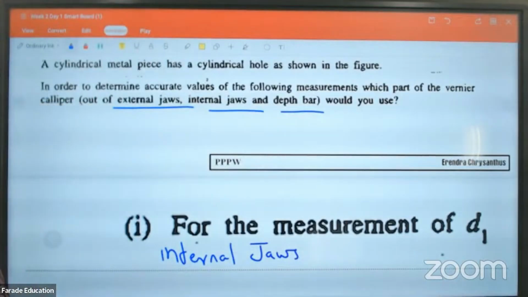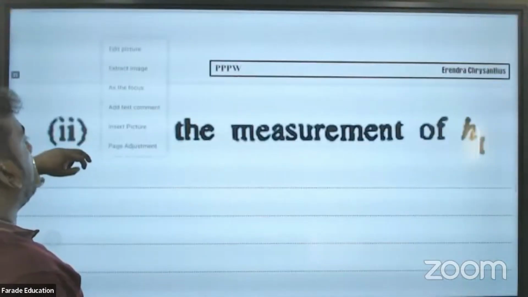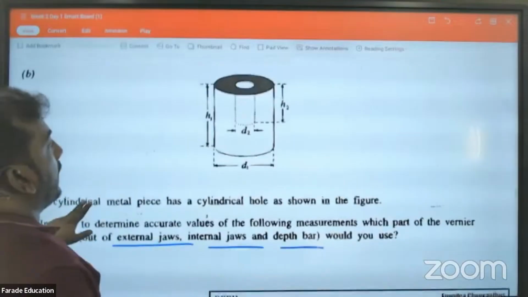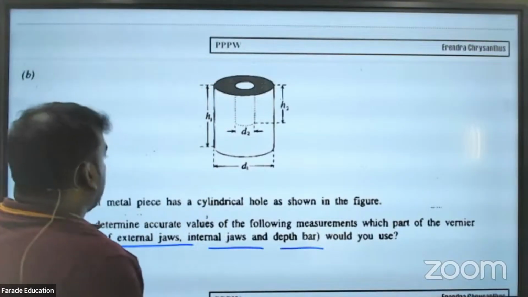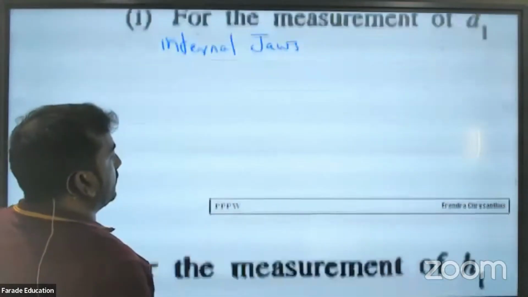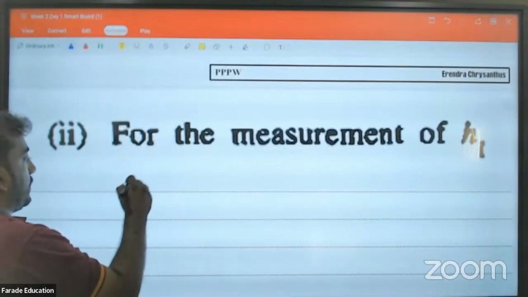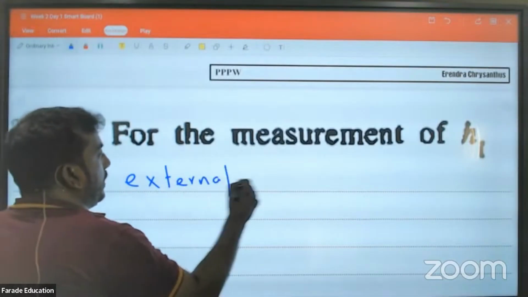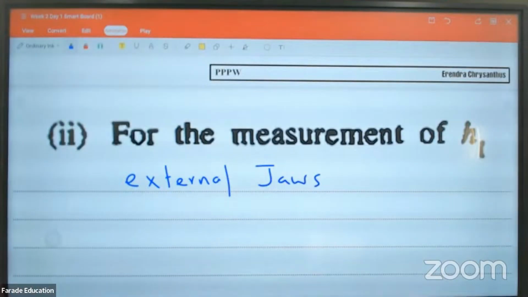Next one, measurement of H1. H1 is what? Here to here. External jaws.